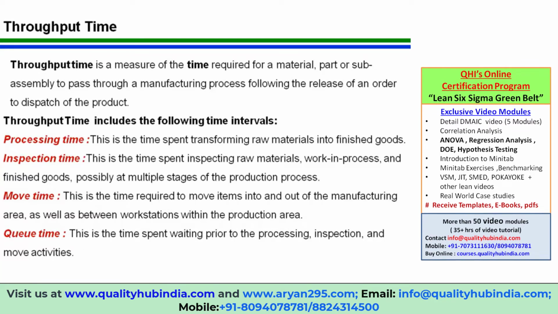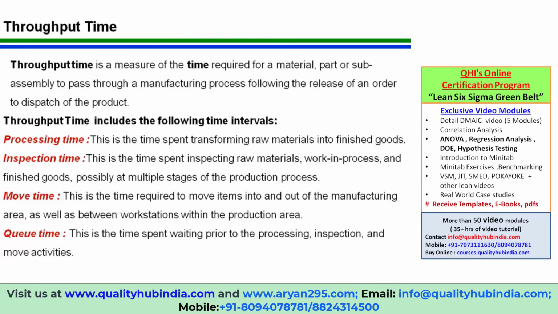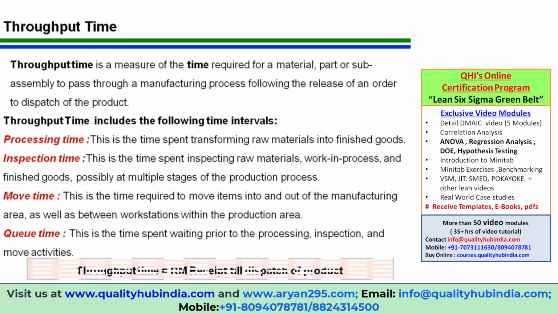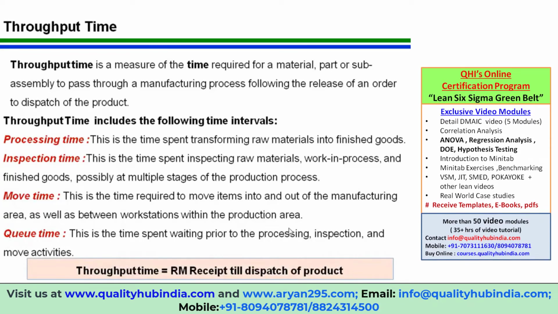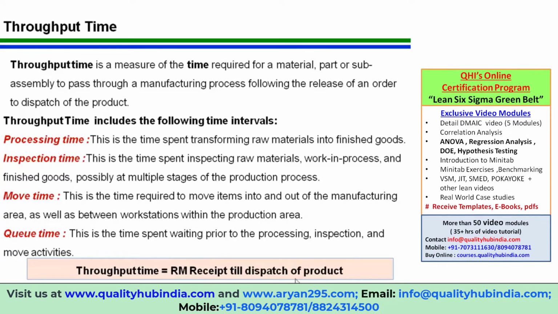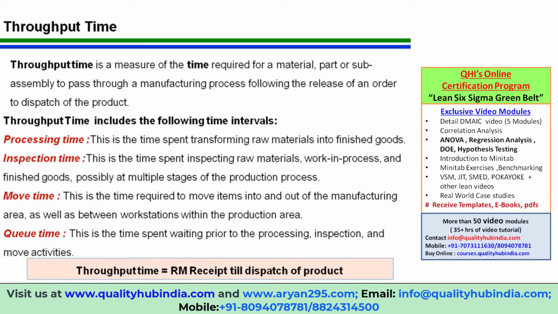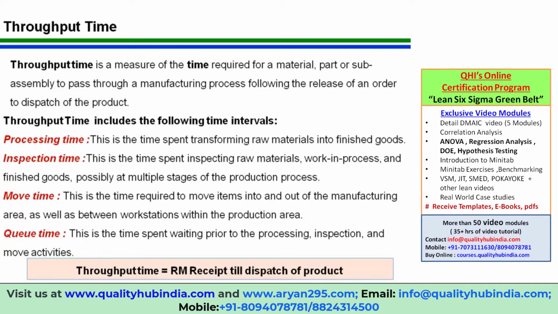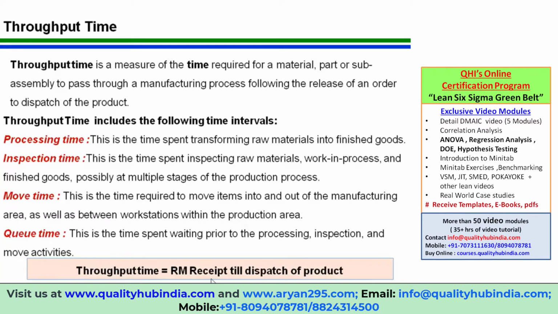Now let's understand how to calculate the throughput time. As we have discussed, throughput time is the time spent starting from raw material receipt till dispatch. So to calculate the throughput time, we need to start monitoring the time once the raw material is received till the product is dispatched.